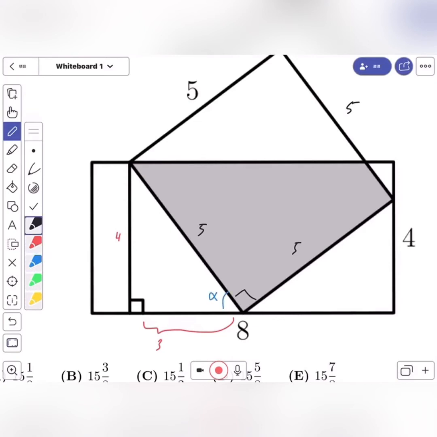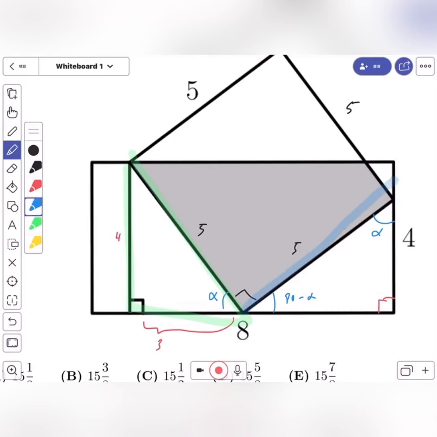Then simply this angle is 90 minus alpha. Because it's a rectangle, this is also a right angle, so this angle is alpha. Now we can see something important, that this right triangle is similar to this right triangle. Analogously, it's also similar to this right triangle.